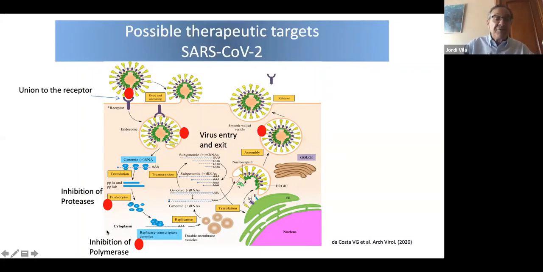Another possibility is to find an inhibitor of the polymerase. There are some antivirals that can block this kind of polymerase, so it can be another target. And finally, there are two other targets which belong to the entry and exit of the viruses. So there are people working on different antiviral drugs against these targets.